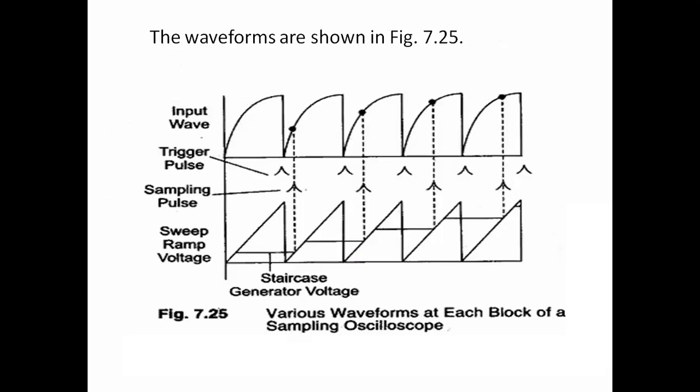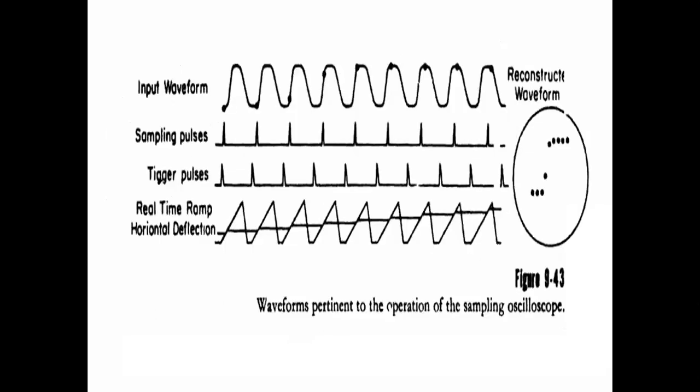These are the waveforms showing how the samples are generated. This is also the same as that one, and on the right side we are showing the reconstruction of these sample signals, so we can get the signal.